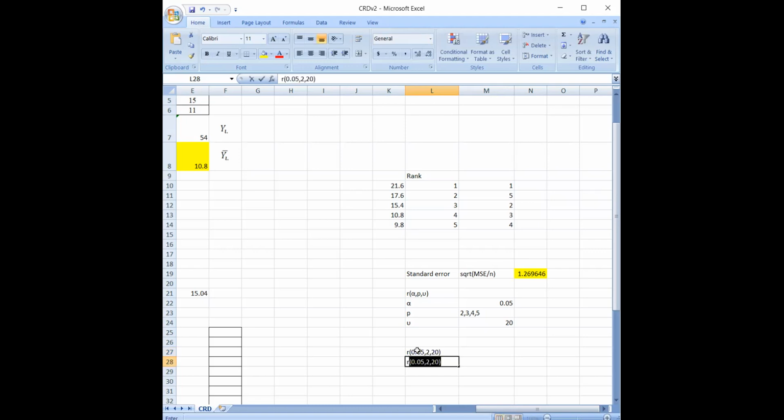And then we have to find the R value when P is equal to 3, when P is equal to 4, and when P is equal to 5. So these are the values that you have to find from the table, right? I will show you the table values.